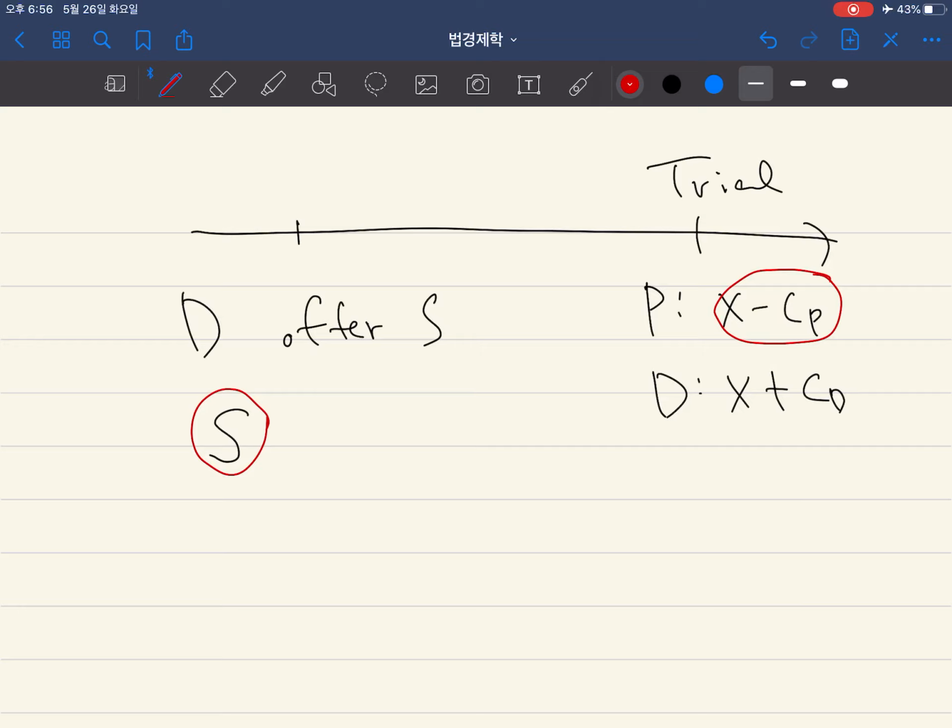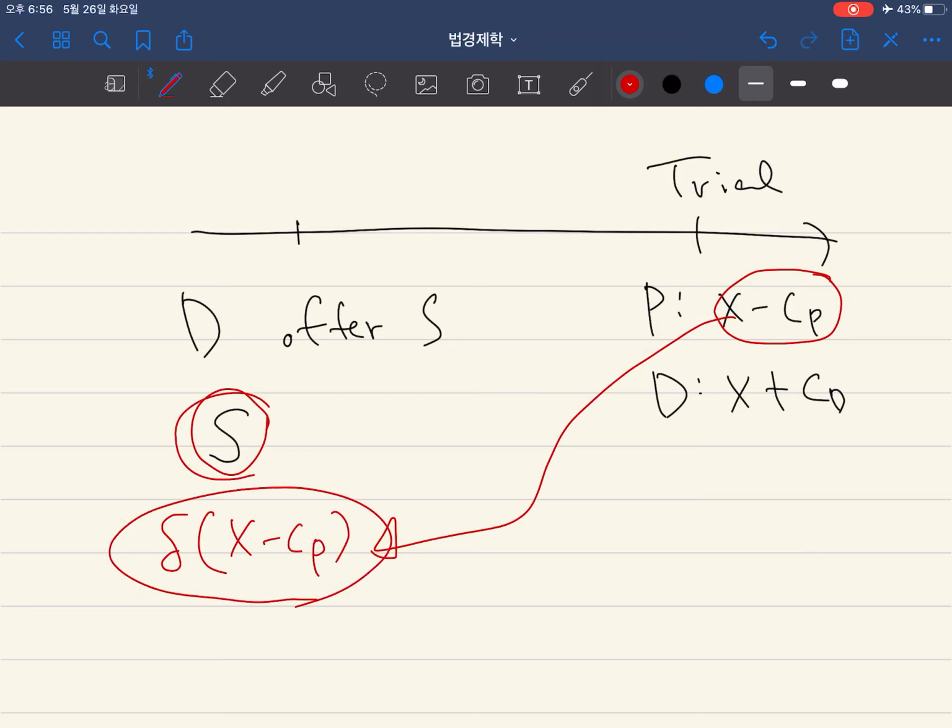But he cannot compare directly because these two amounts are expressed in different time periods. So plaintiff is going to calculate the present value of trial payoff tomorrow by multiplying by delta. So now these two amounts are expressed in the same time period.